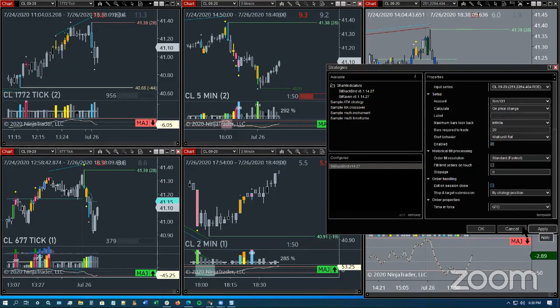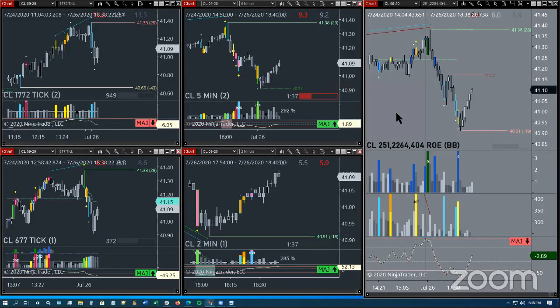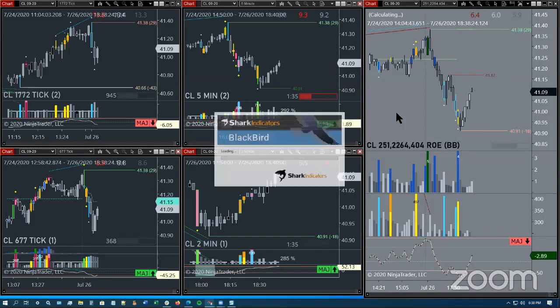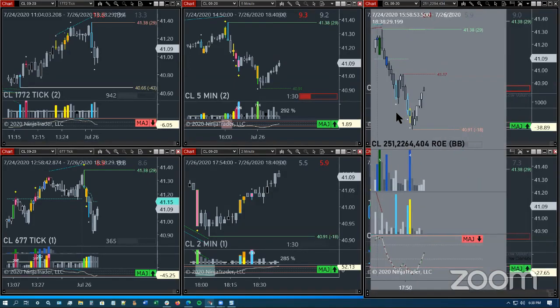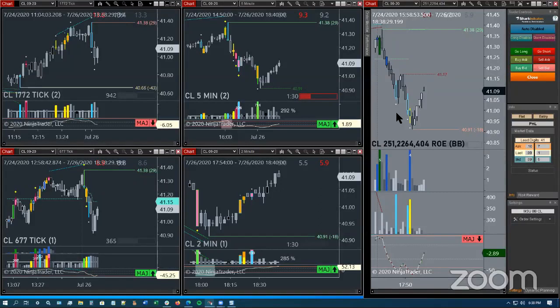because the way that I'm doing it actually is to discretionarily enter the trade and then use Blackbird, at least while I'm away from the computer, to kind of manage the trade. But if I'm sitting here all morning long in the trading room, I'm more or less managing it discretionarily myself.